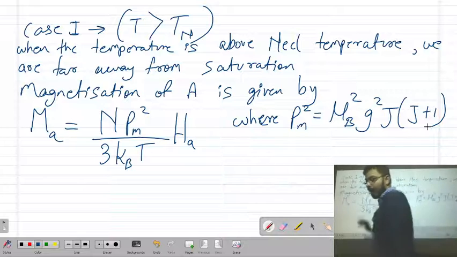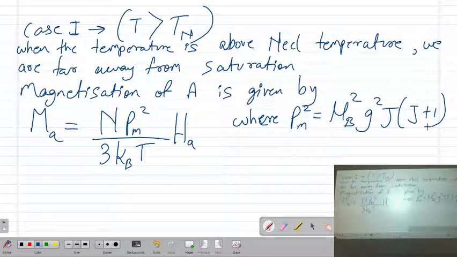Mu_B is the Bohr magneton, g is the Landé g factor, and J is the angular momentum, right?